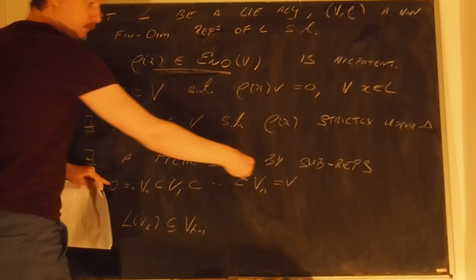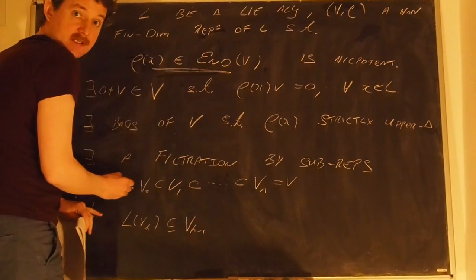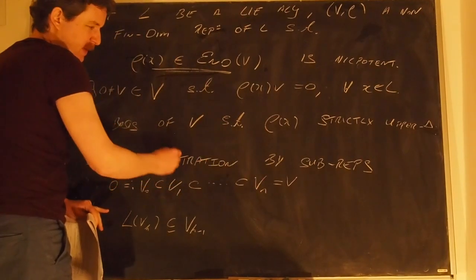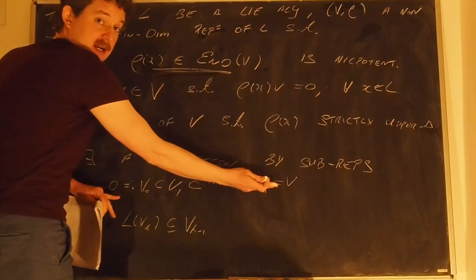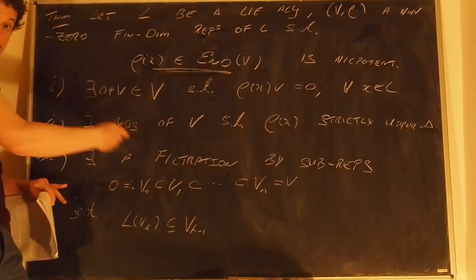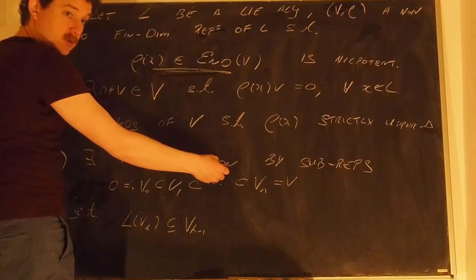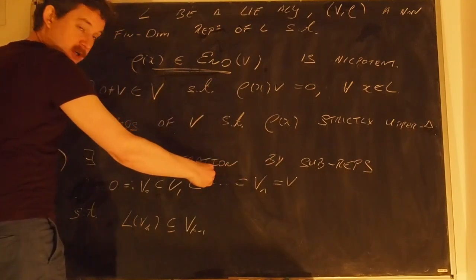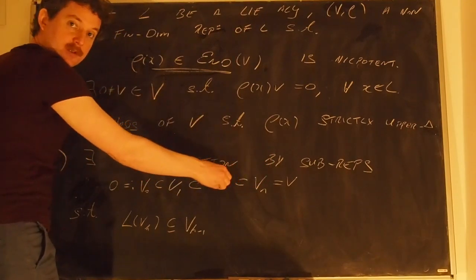So it just means that if you were at any point in this chain of inclusions, that's basically what we mean by the filtration. It just means a sequence of vector subspaces which are included one in the other. If you operate on any one of those by L, it's going to keep on bringing you down in this sort of ladder of inclusions.